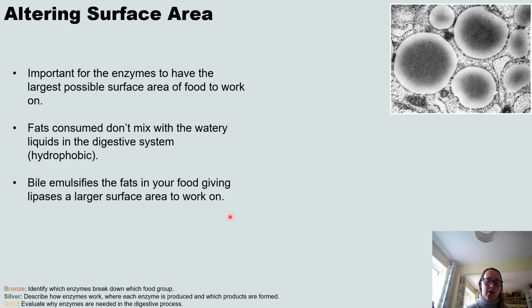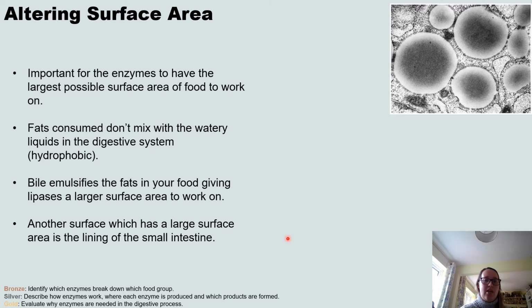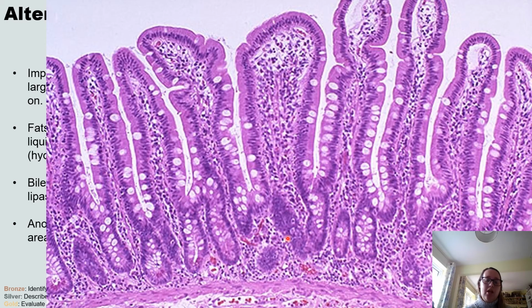enzymes can work on. Another surface which has a large surface area is the lining of the small intestine, which you would have looked at before. So remember here, you may not have seen this image, but this is a very common one for exams to use. So you've got the microvilli, and these are these little protrusions here. So you've got a very large surface area because they are basically folded up like that.